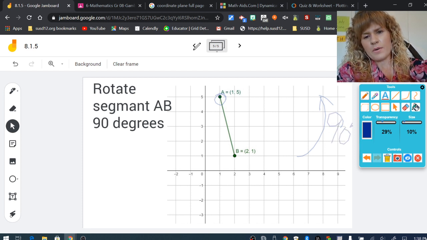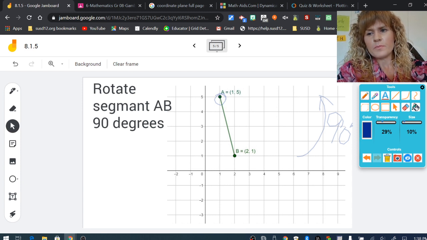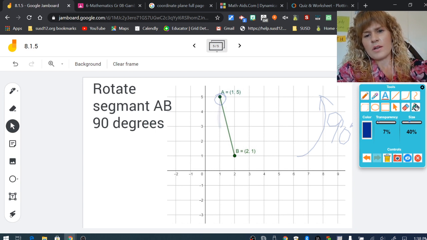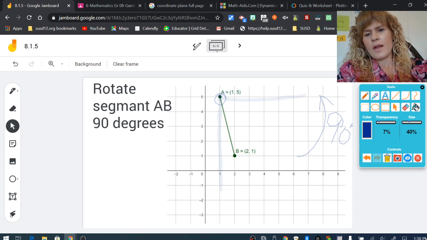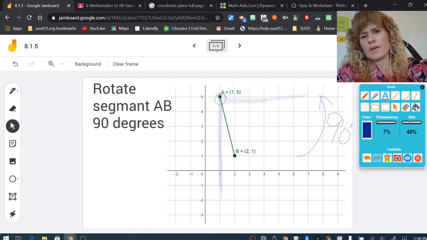If we do so, can you imagine where point B would go after a 90-degree rotation? Well, here's how I picture it. First, I'm just going to draw a square corner with my center point at the corner. Okay, now everything on this axis is going to lay down up here on this axis.